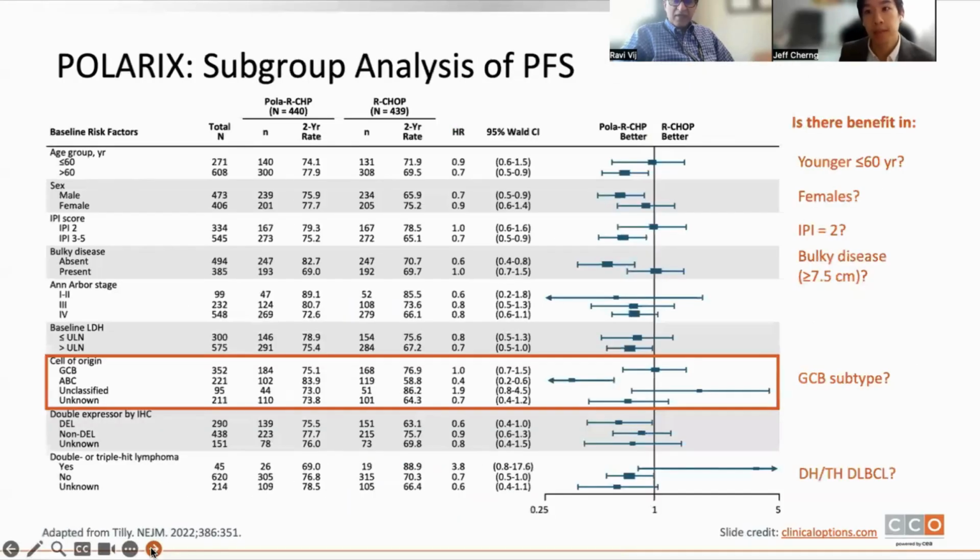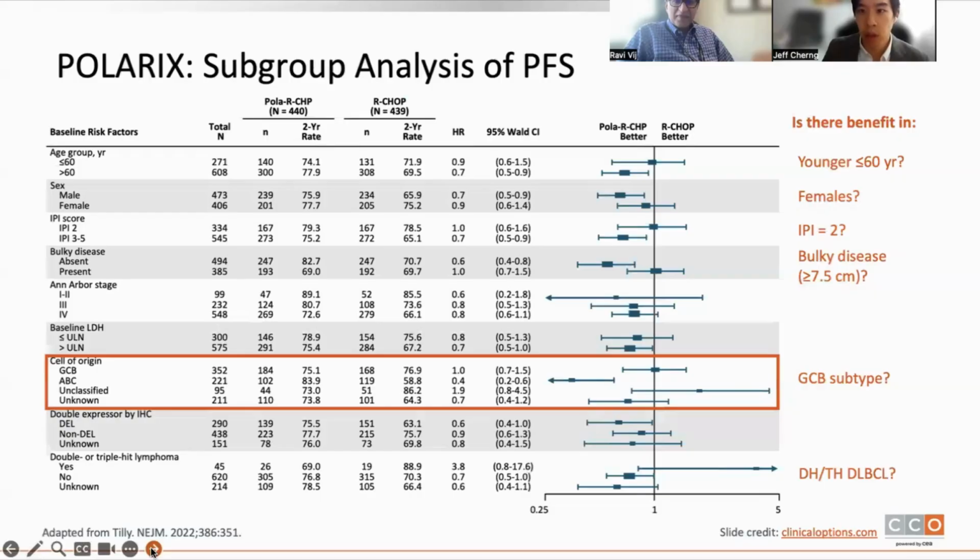And did all patients benefit, all subsets? So this is sort of an area of hot discussion in lymphoma right now. When we sort of dive into the subgroup analysis and look at the forest plots here, there are certainly some subgroups that seem to benefit preferentially from the replacement of vincristine with polatuzumab vedotin.